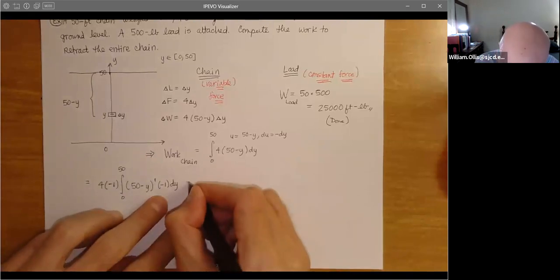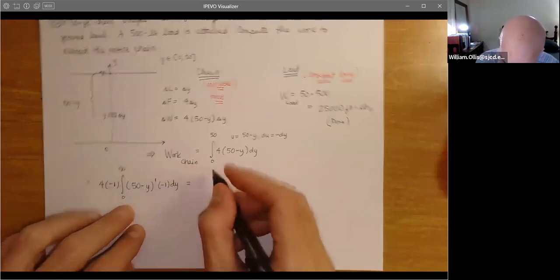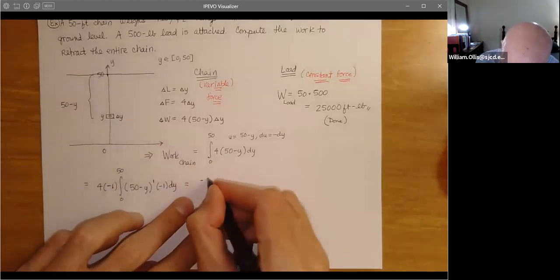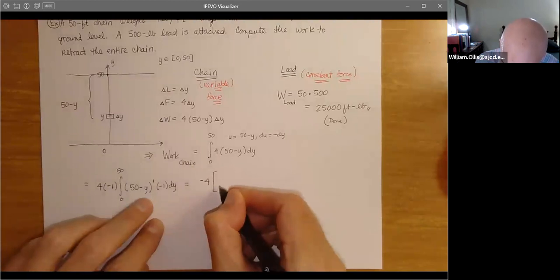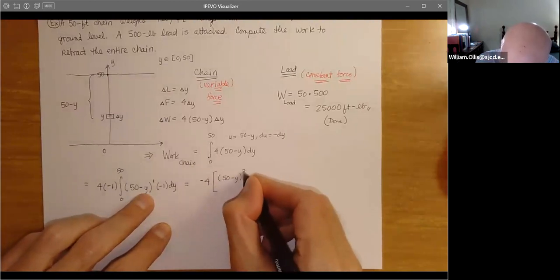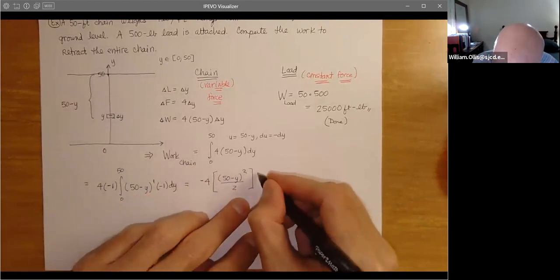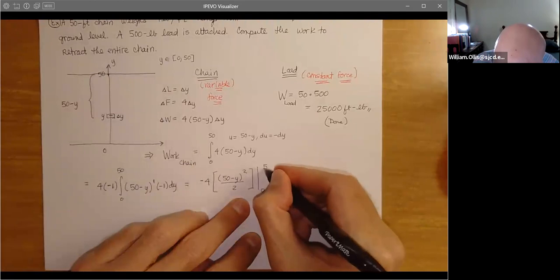So now let's add 1 divided by the new power. This is table ready. So we have a negative 4 and we have 50 minus y squared over 2, evaluated from 0 to 50.